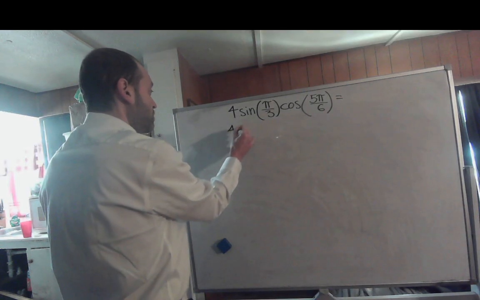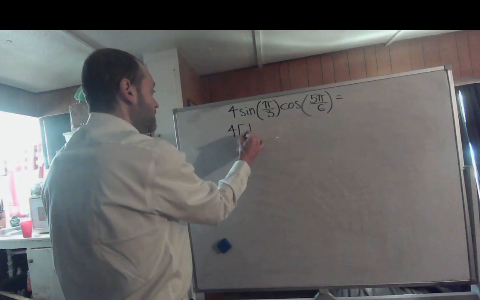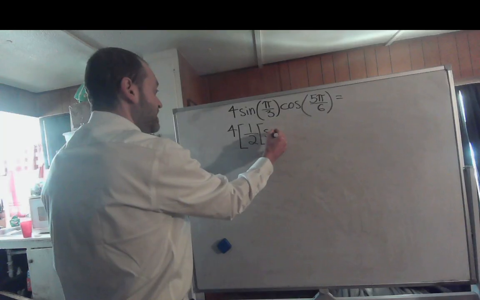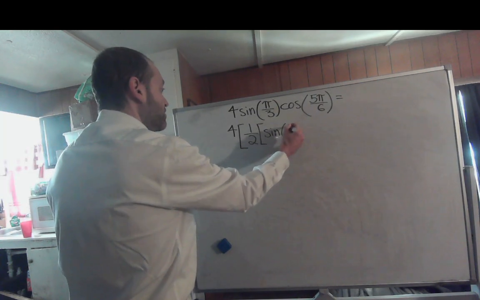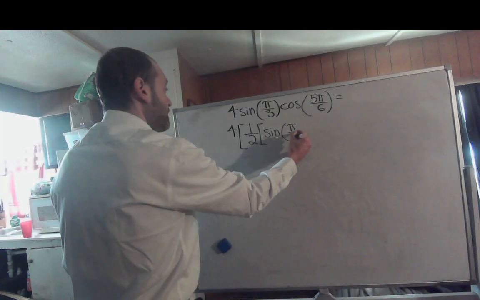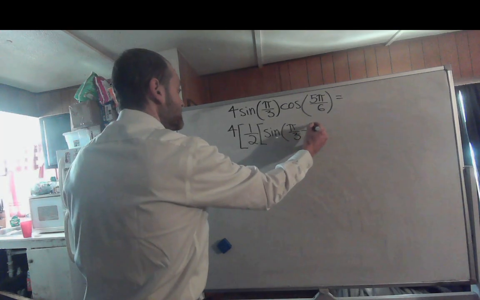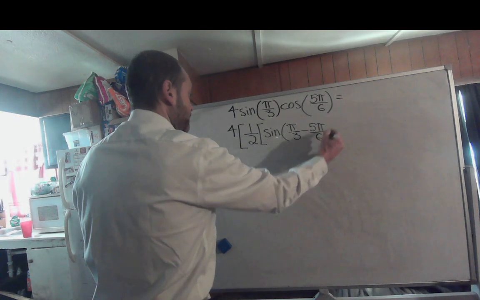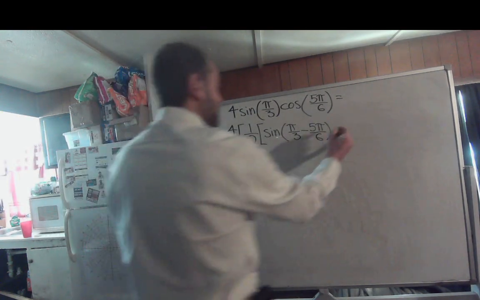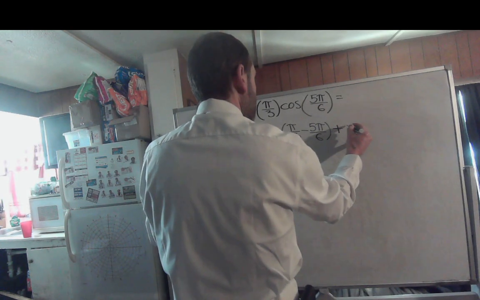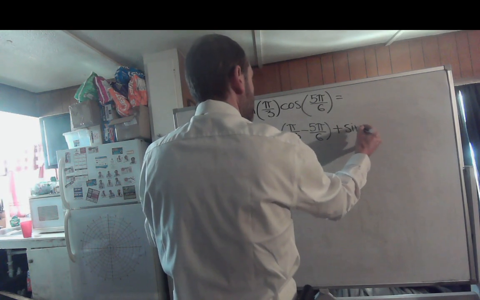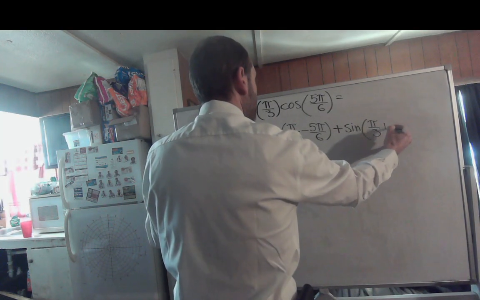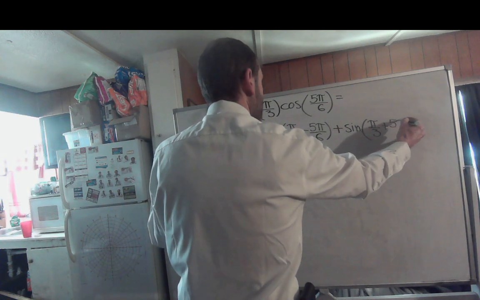So this would be 4 times the quantity of 1/2 of the sine of pi over 3 minus 5 pi over 6 plus the sine of pi over 3 plus 5 pi over 6.